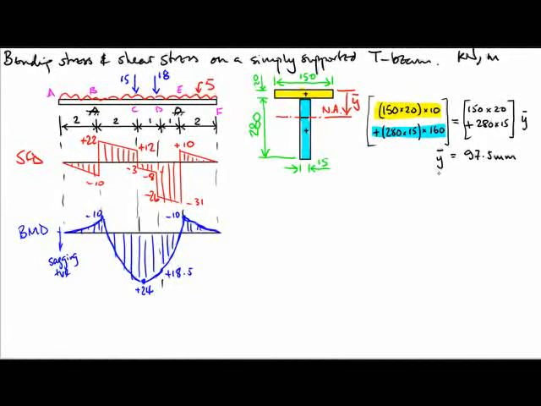So that is necessary because the beam is going to bend about the centroidal axis or the neutral axis of this section. So if we're going to find the second moment of area of this T-beam, it will be about its own neutral axis, about its own bending axis.